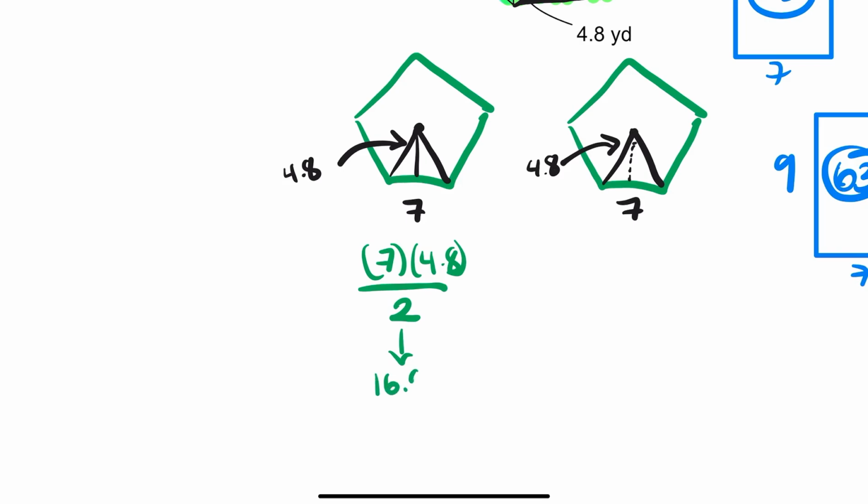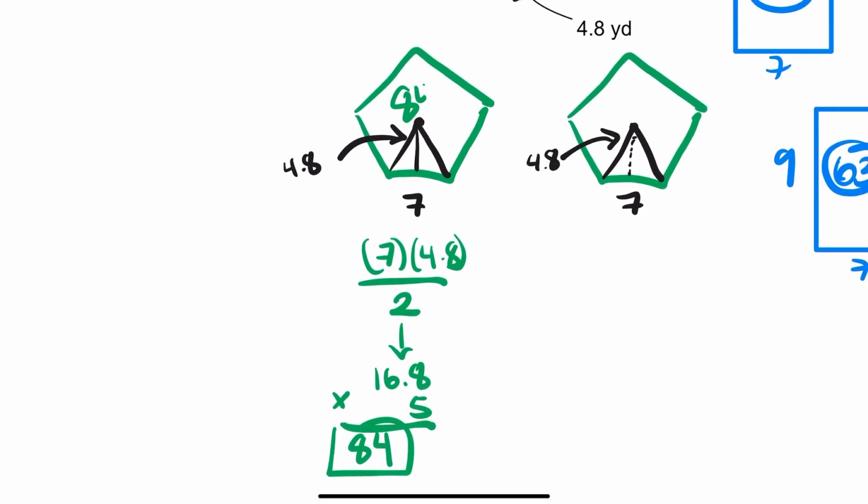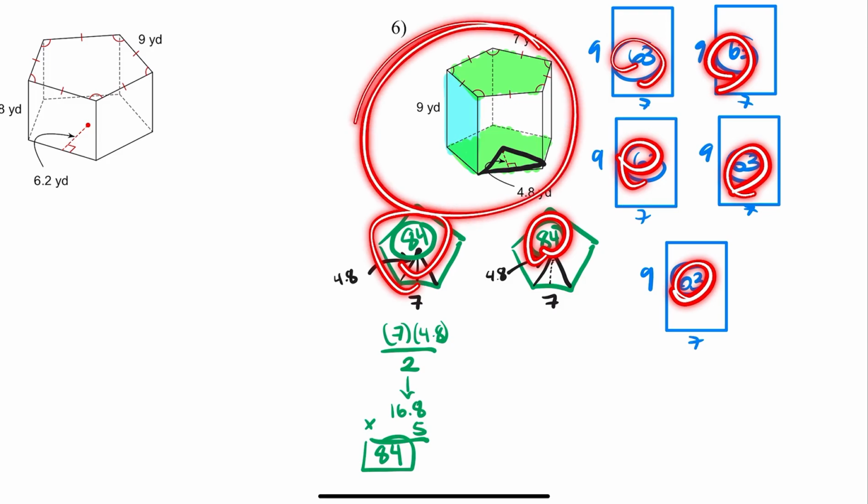Looks like 16.8 is the area of this, but there are 5 total triangles, so I'm taking 16.8 and multiplying it by 5 to get the actual full area of this whole pentagon. So times 5, 84 is the area. So 84, let's circle that, and if that pentagon's 84, the one over here is also 84.